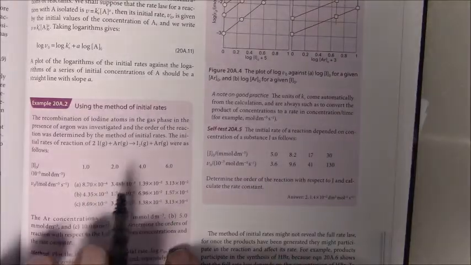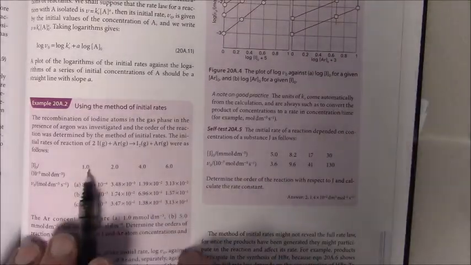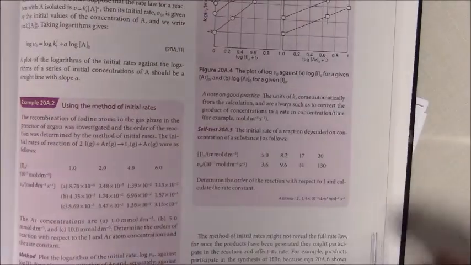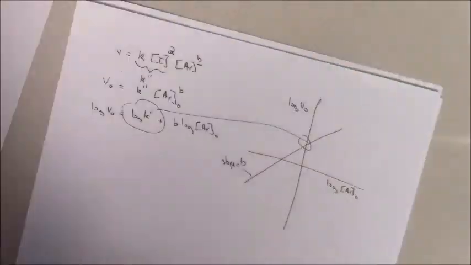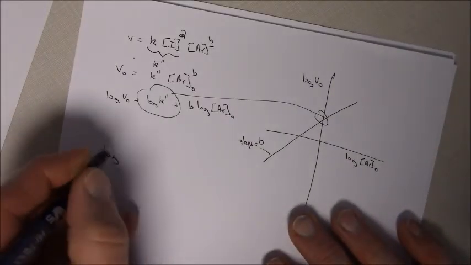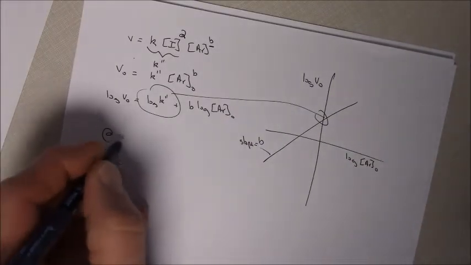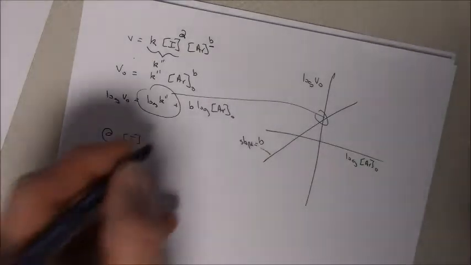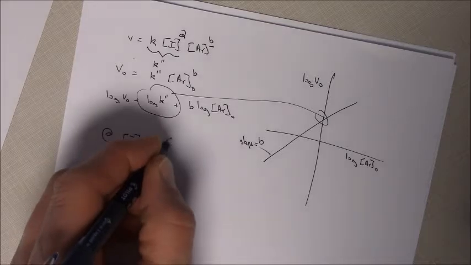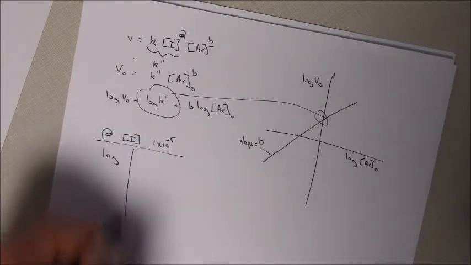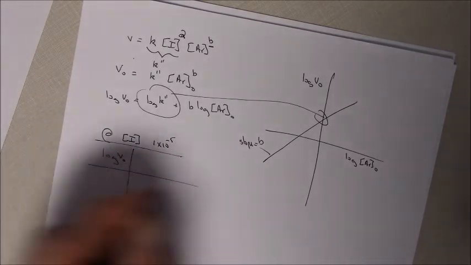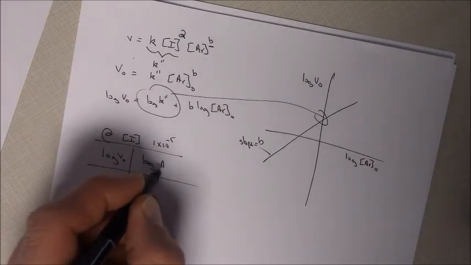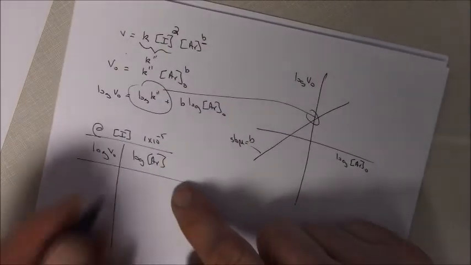But you see how you're going to be able to do 4 different graphs. And this will be the concentration of the iodine as you do it. So you're going to take the log. You're going to say something like, when the concentration of iodine was 1 times 10 to the minus 5th, I'm going to take the log of the rate versus the log of the argon concentrations.